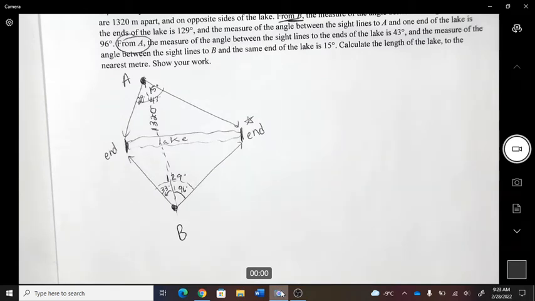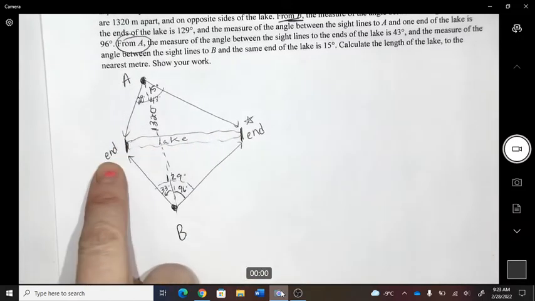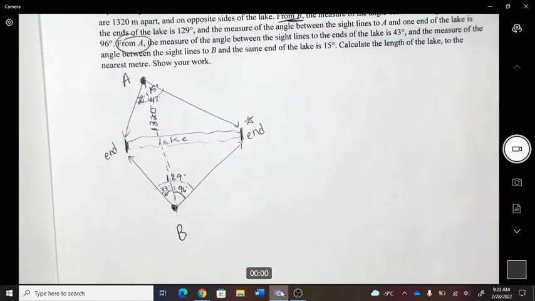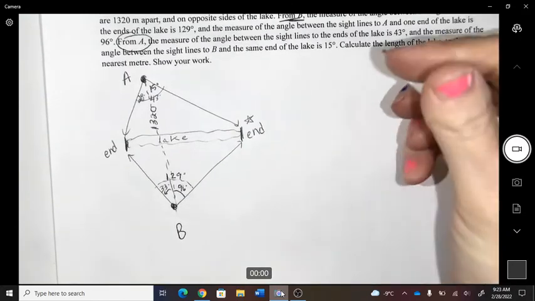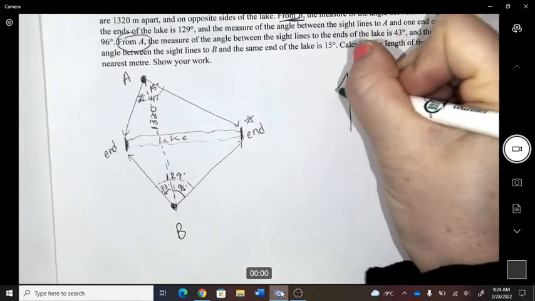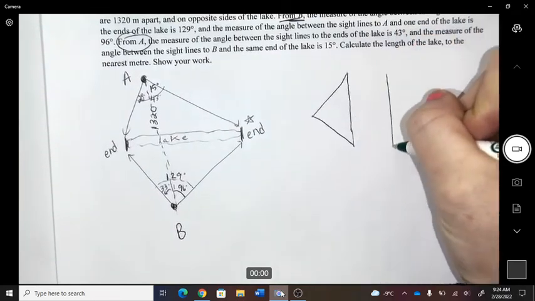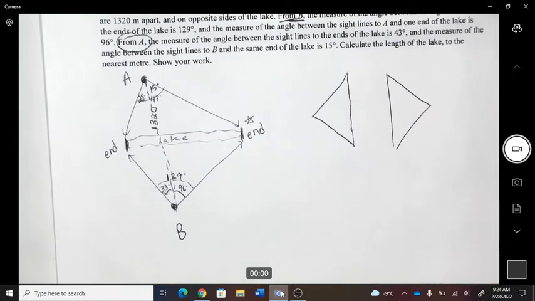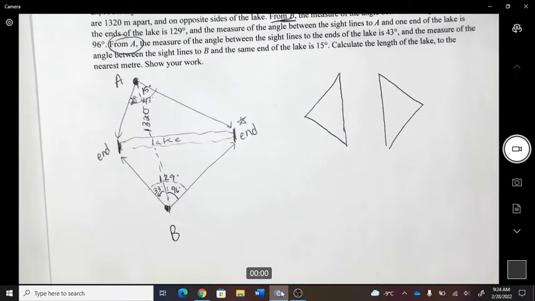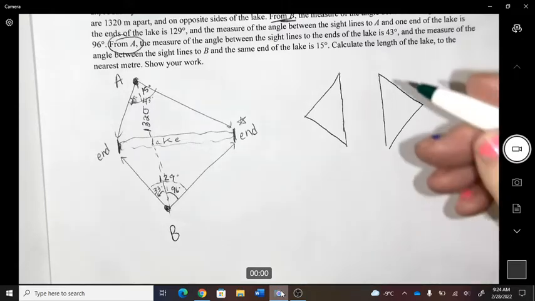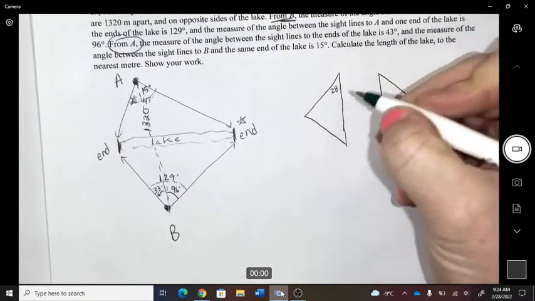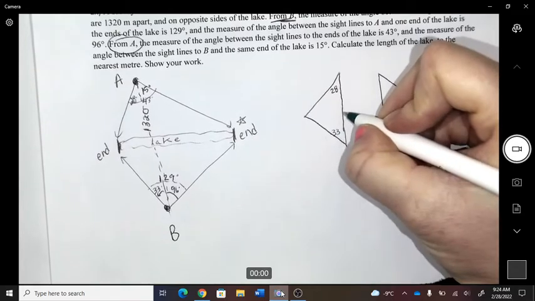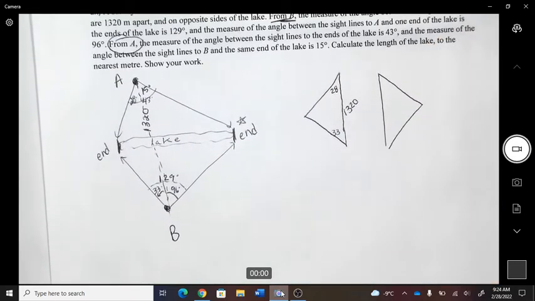Okay, what we're going to try to end up doing is figuring out this distance with the lake. Okay, but we cannot do that at all right now. So what I'm going to do is I'm going to try to break down this information into two separate triangles. Okay, so on this one, we have a 28, a 33, and we know that.